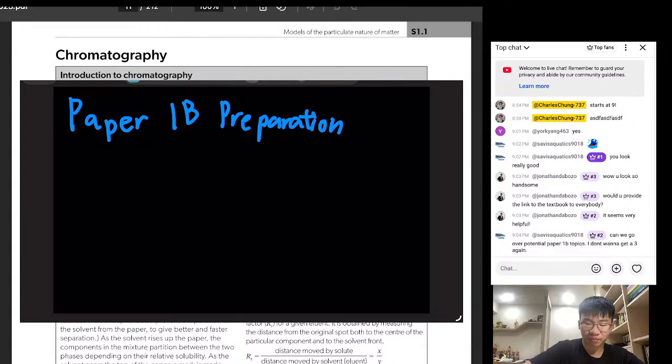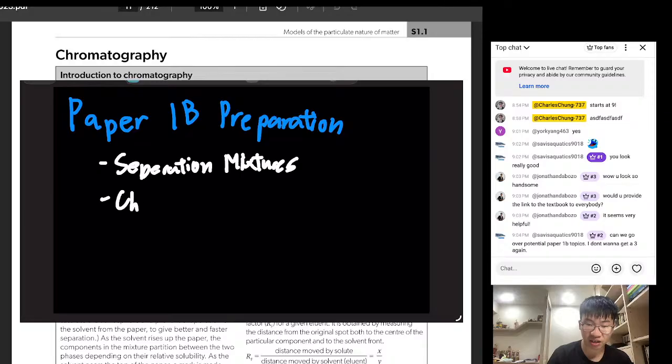I think it's either going to be separation of mixtures again, or chromatography. Chromatography is also kind of like separation of mixtures, if you know what I'm talking about. So: separation of mixtures and chromatography.